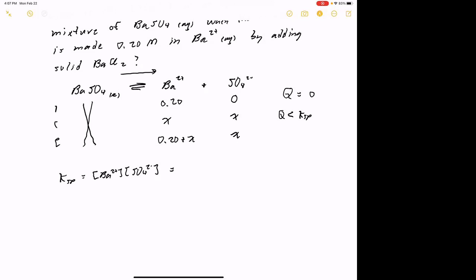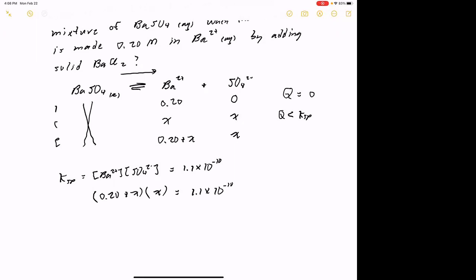That's equal to, what was it, 1.1 times 10 to the minus 10th. That's my K value that I looked up in the table. All right, plug it all in. Barium ion looks like it's going to be 0.20 plus X from the E line. And the sulfate is the X from the E line, and all that's equal to 1.1 times 10 to the minus 10th. Okay, so how do I solve that equation for X?